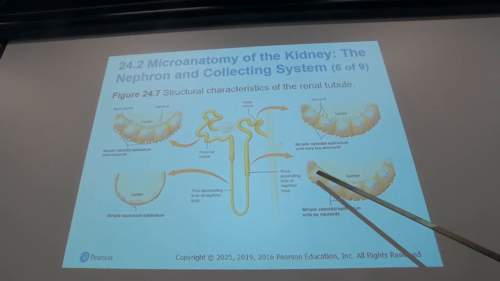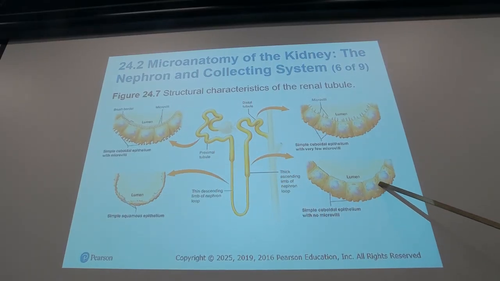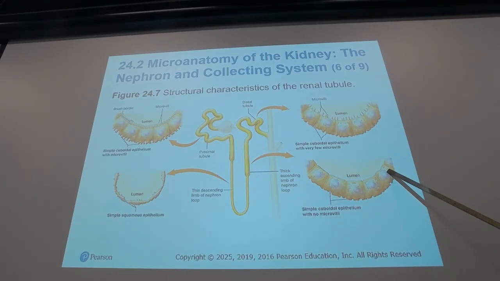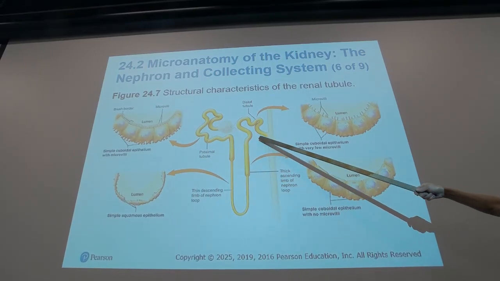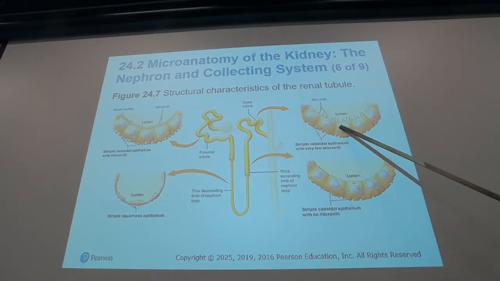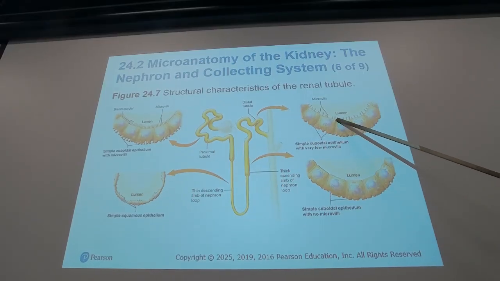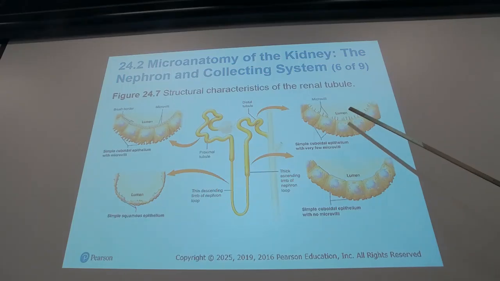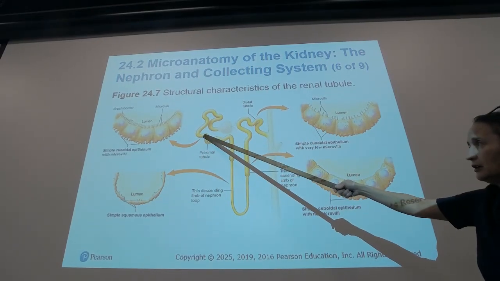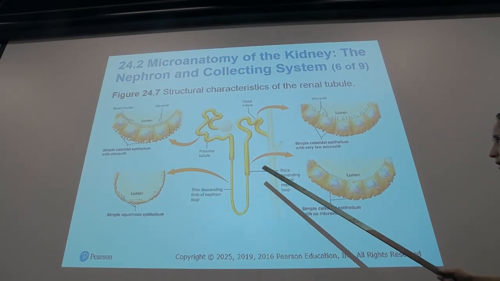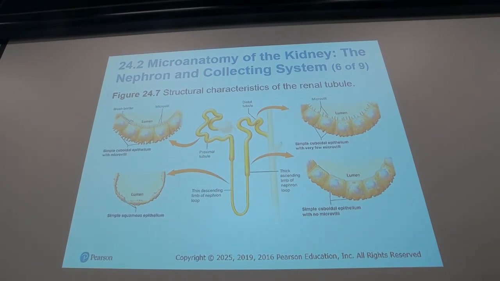In the thick ascending limb, we have simple cuboidal epithelium with no microvilli, so we don't absorb things here. In the DCT, we have simple cuboidal epithelium, but very few microvilli. So yes, we can absorb here, but less than in the PCT. In the others we don't absorb. We secrete, or we transport by simple diffusion, but not absorption, okay?